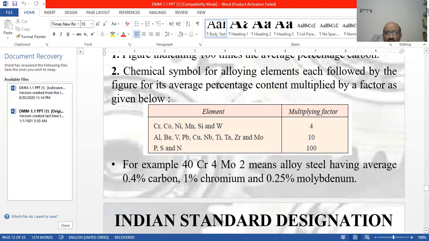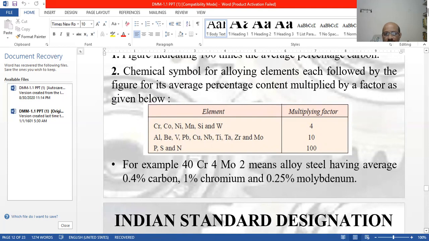Aluminum, titanium, zirconium, molybdenum, these are chemical formulas, we multiply by 10. And nitrogen, sulfur, phosphorus, multiply by 100.